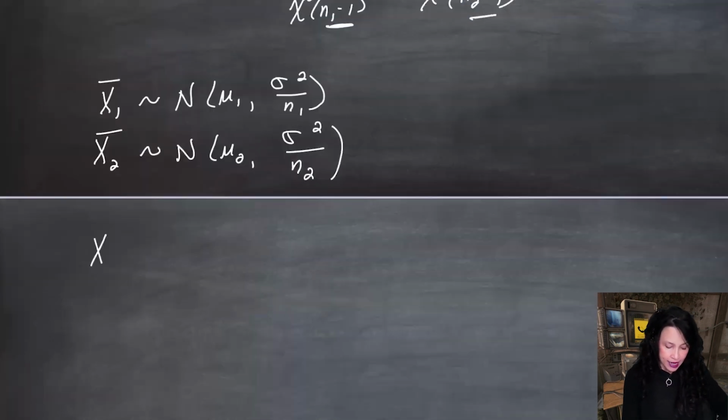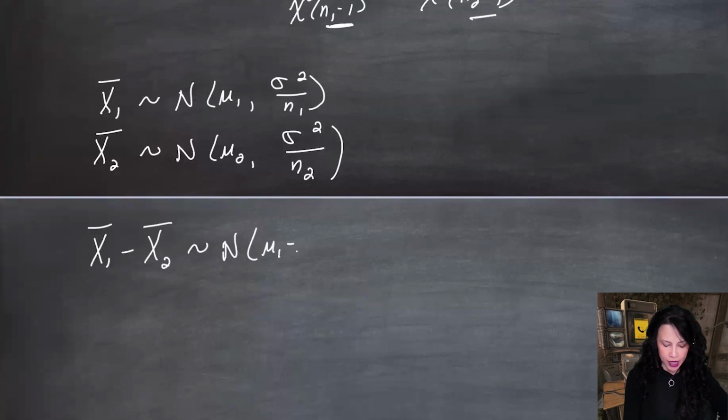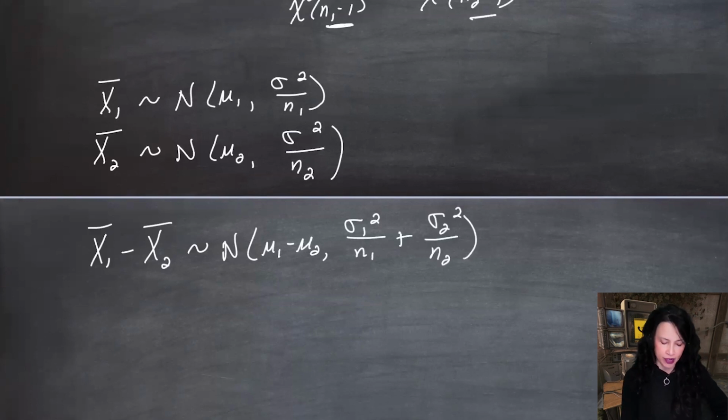This means that X1 bar minus X2 bar has a normal distribution with mean mu1 minus mu2 and variance sigma 1 squared over n1 plus sigma 2 squared over n2, and we get that using the independence of the samples. That allows us to combine the variances like that.